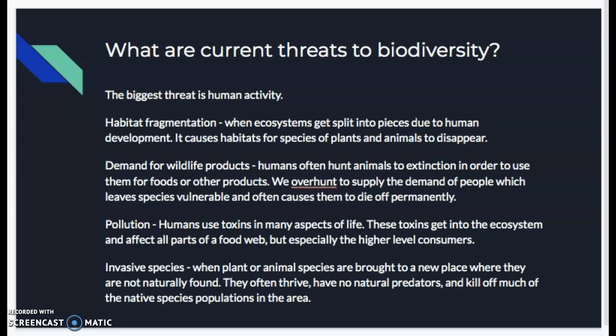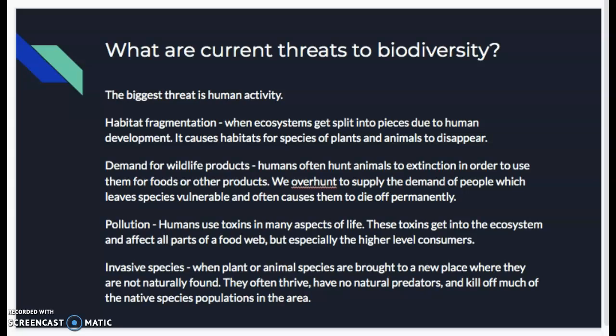We come back to pollution. We use chemicals in many aspects of our life. We use them to clean, we use them to cook, we use them when we travel, so many different aspects of our life. And what happens is these toxins eventually get into ecosystems, and they affect all parts of the food web, especially your higher level consumers.